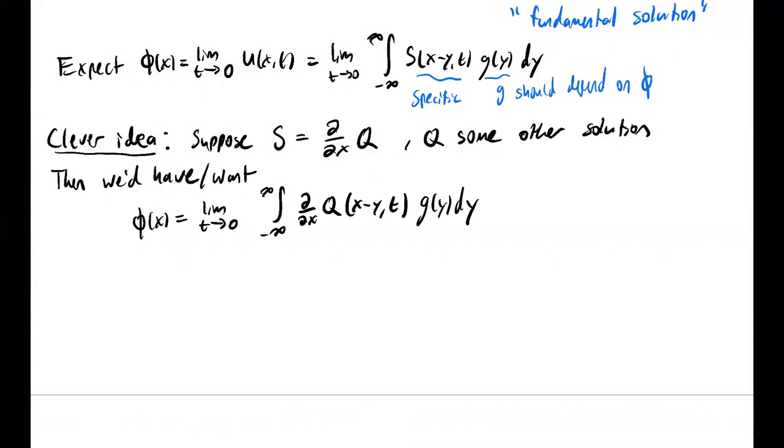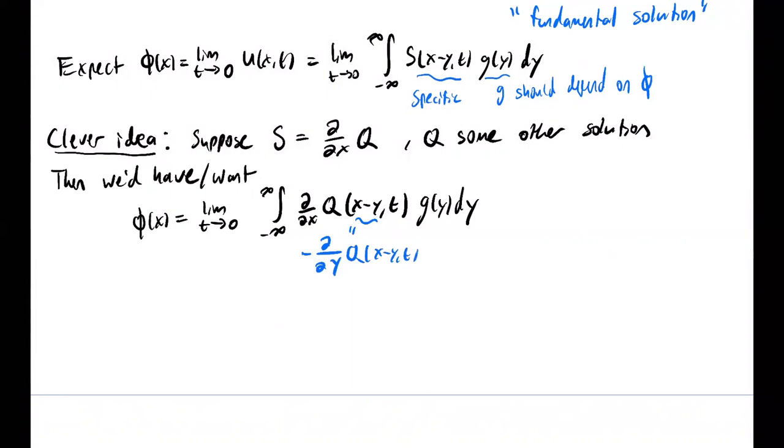Well, I can write the derivative with respect to x of this function as a derivative with respect to y of the same function, except I have to take a minus sign, just because of the chain rule. So these are the same thing.